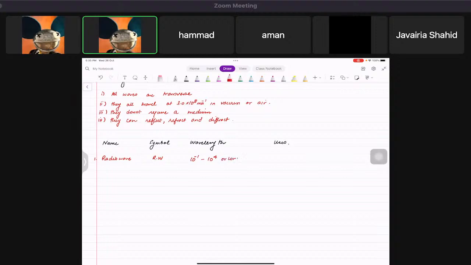So they can be quite long, right? All the wavelengths will be given in meters, by the way, so you guys can remember that. The uses of radio waves are long distance communication.